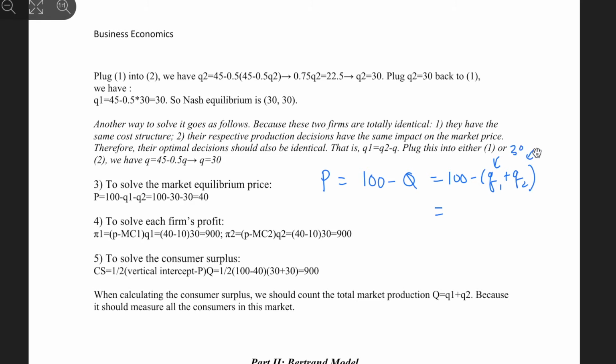We had 30 and we had 30, right? So P equals 100 minus 60, the total quantity Q, and we get the price of $40, right? And number 4, what is each firm's profit? So going back.